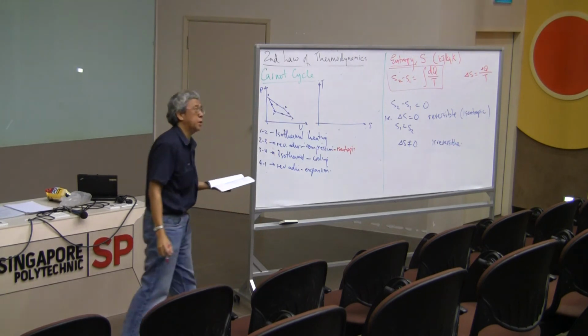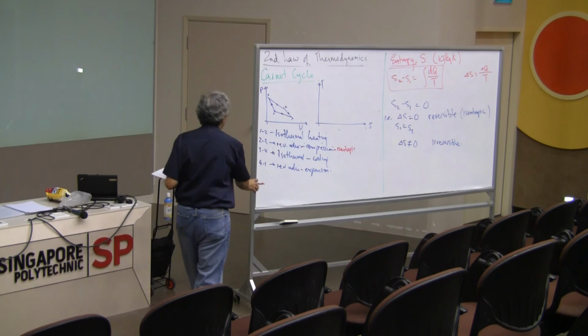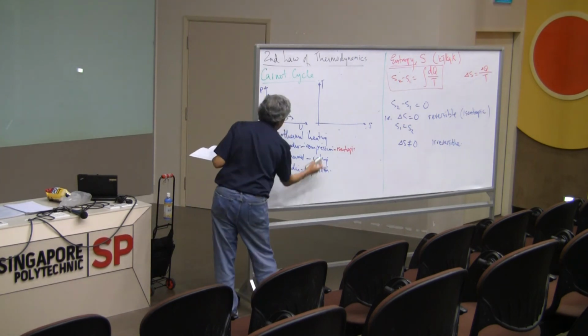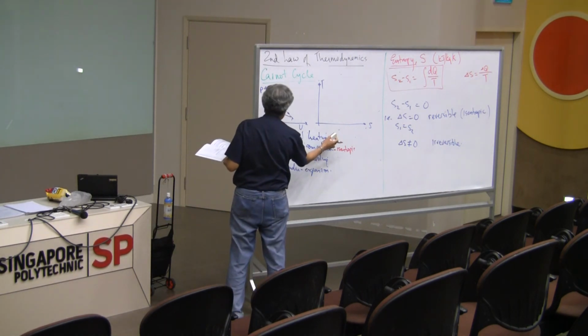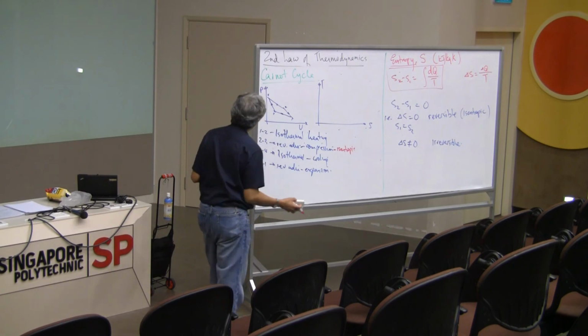I think that's a mistake now. Right here, this one is cooling. I got the cooling and heating reversed. What to do?